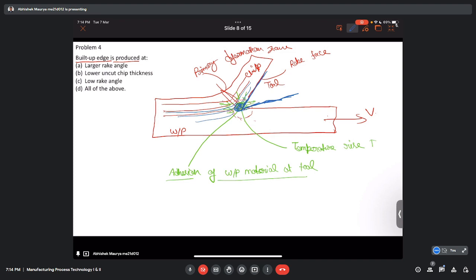And if, after some time, force keeps on being applied to this region, because of continuous force this will break down, and some portion will come towards the workpiece, and some portion is taken away by the chips.